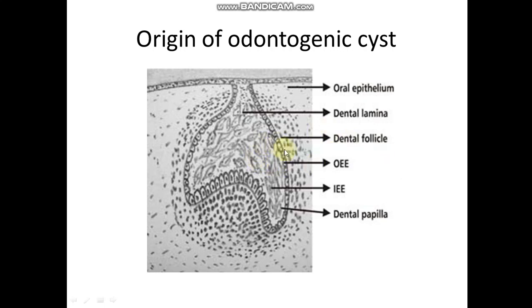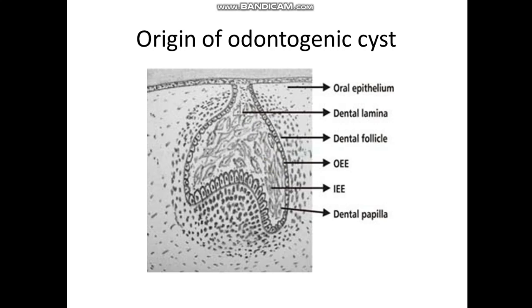These include the reduced enamel organ, whether outer or inner enamel epithelium associated with the reduced enamel organ, or the dental lamina, for example, or even during the root development, there is what we call Hartwig's epithelial root sheath. So sometimes after root completion, there are some epithelial cells, which are called epithelial rests of Malassez.